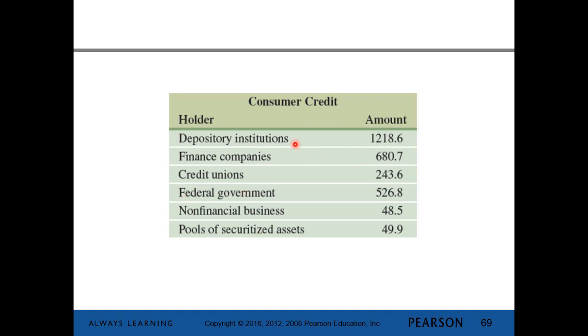These are depository institutions, so banks, finance companies, credit unions, federal government, nonfinancial business, and pools of securitized assets. I'm not sure what those are. Are those homes? Not sure. Are those mortgages? Not sure.